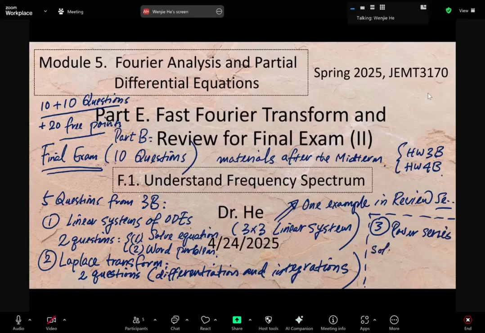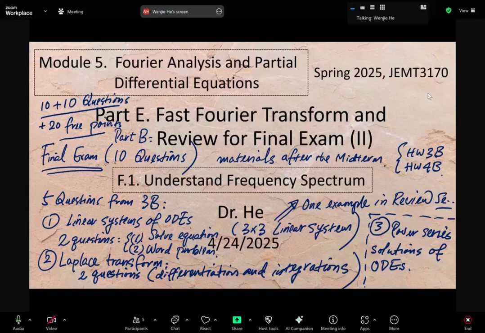We will do one example in the review session. The final question will be the same type, but different from our homework 3B question.